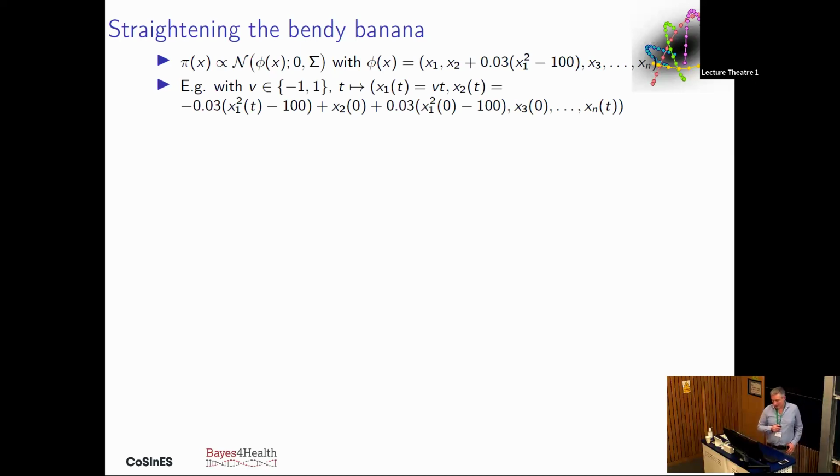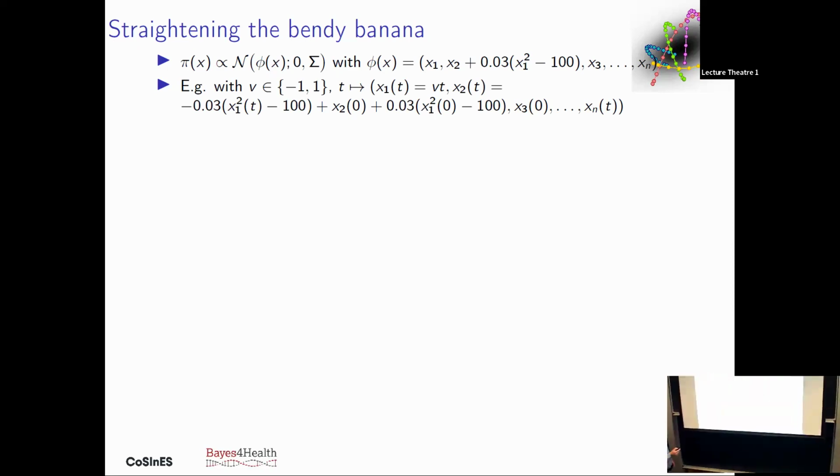Here is a suggestion of a flow. I'm not writing the ODE, I'm just writing the flow. And what does the flow look like? Think of this as a function of t. This is what I could use in order to propose samples in my HMC, for example. But of course, one can do that in SMC as well.